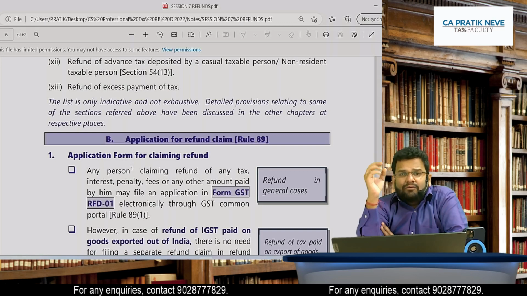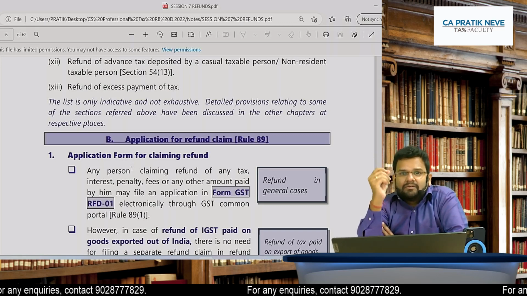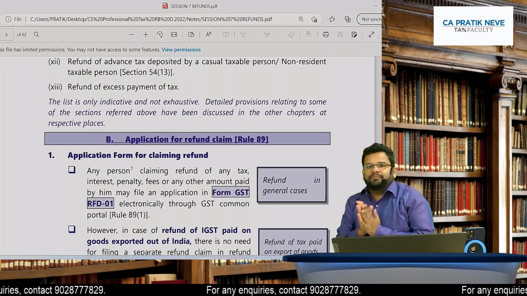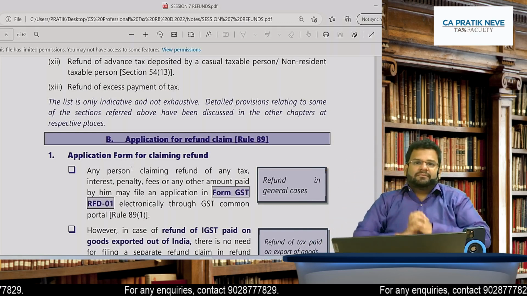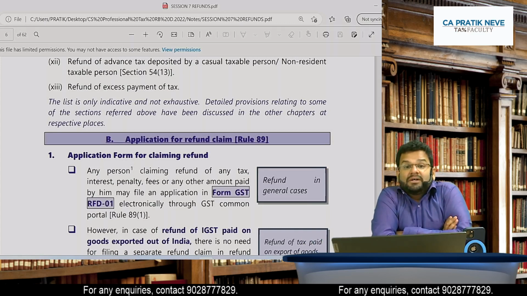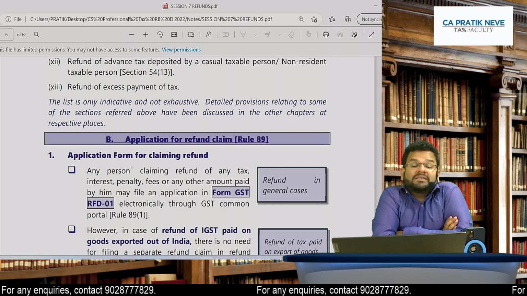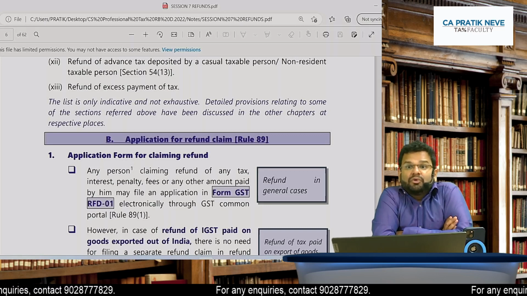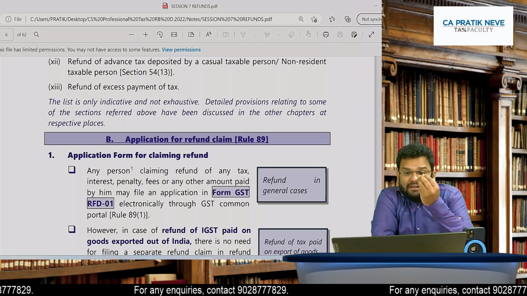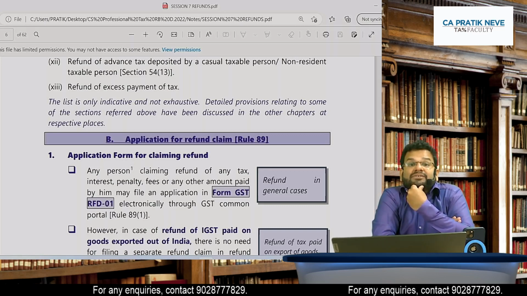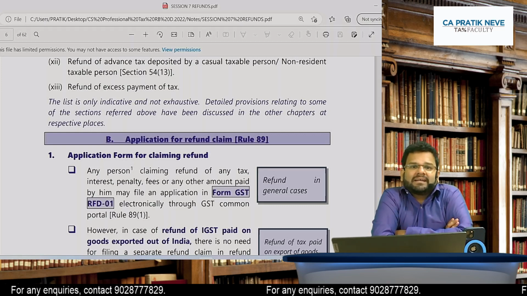Then I would like to tell you a few things. Understand very carefully. There is unjust enrichment. If refund will be given to the applicant, there will be unjust enrichment. Do you know what is the meaning of unjust enrichment? When I am a supplier, it is assumed that the tax I have collected is from the recipient of supply, because we are talking about indirect taxes.